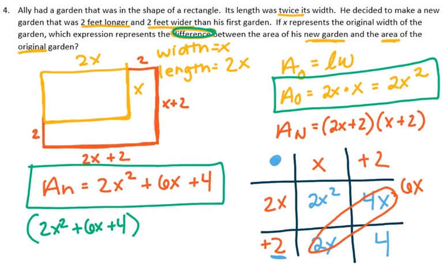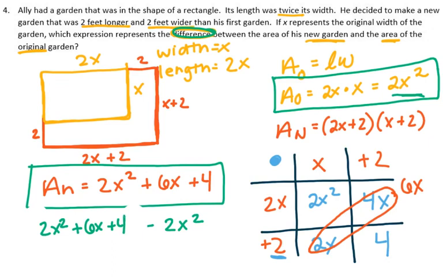And from that, we have to subtract the area of our original garden, which is minus 2x squared. Now, it's okay to drop these parentheses here from this polynomial because there's nothing to distribute. So I can just go ahead and remove those.